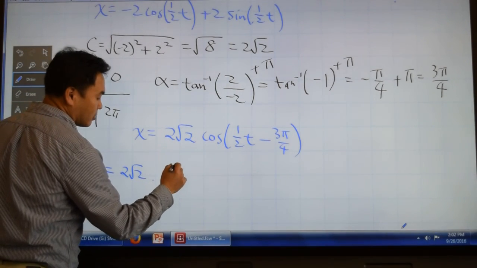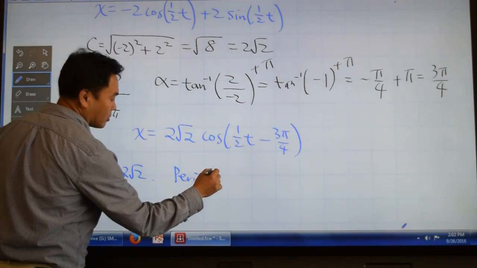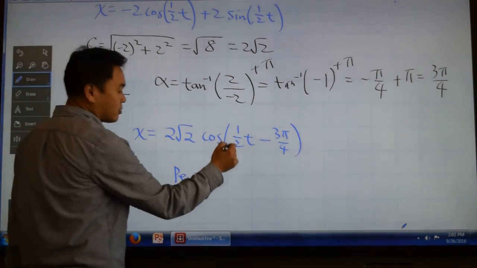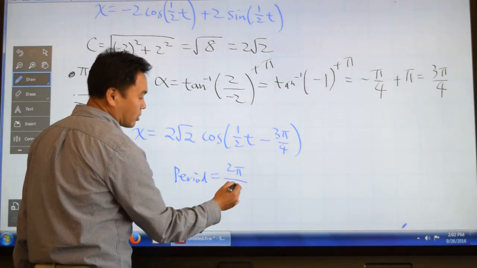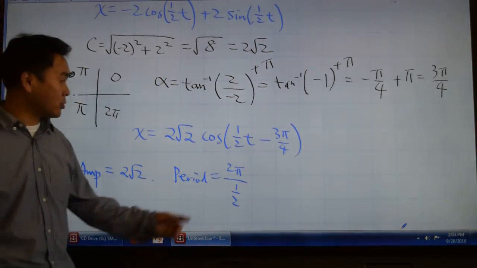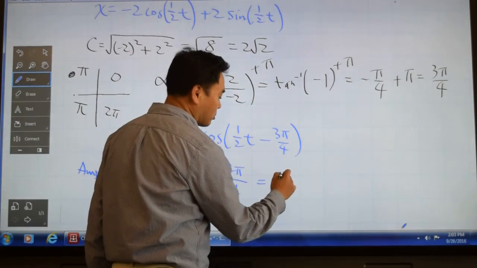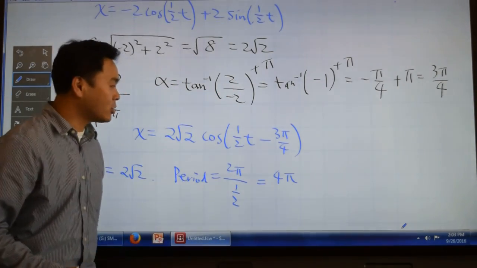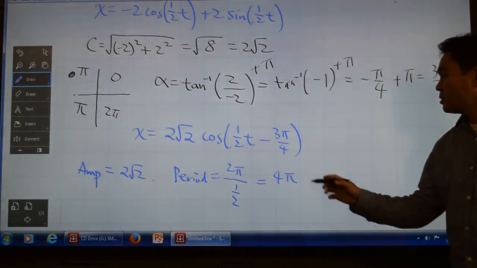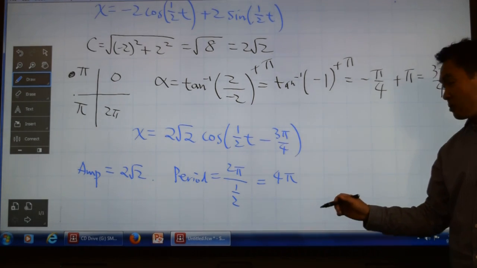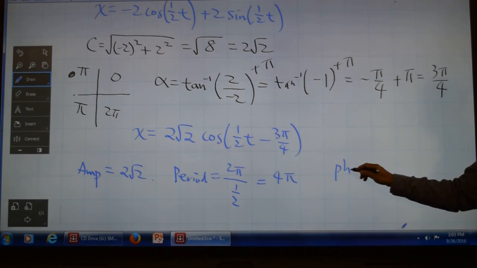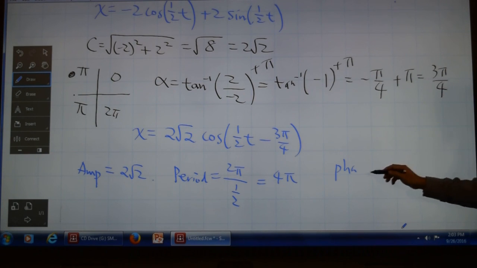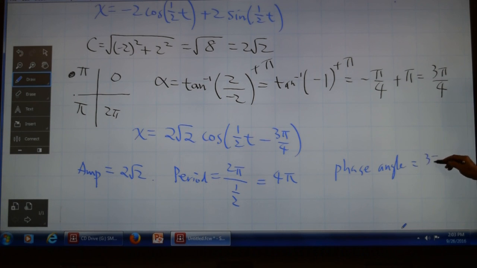The period is 2 pi over the angular frequency, 1/2, so that's 4 pi. The phase angle is alpha, 3 pi over 4. So that's how you do the undamped case.